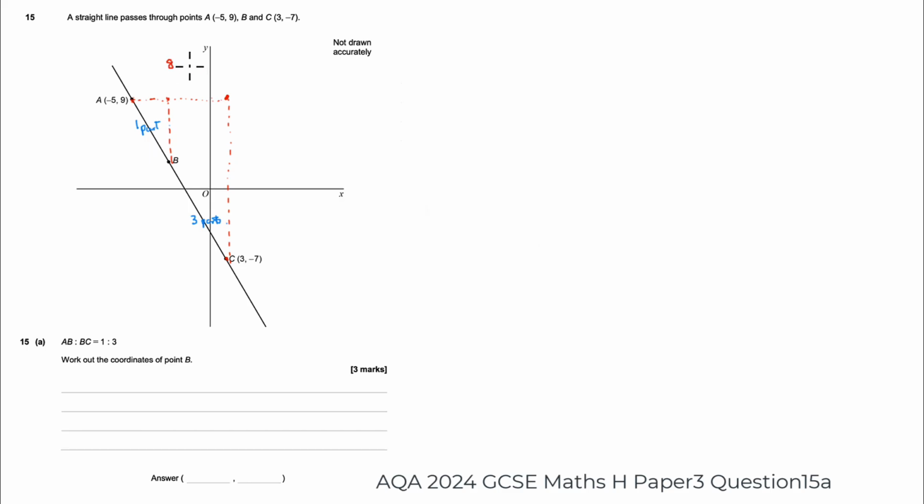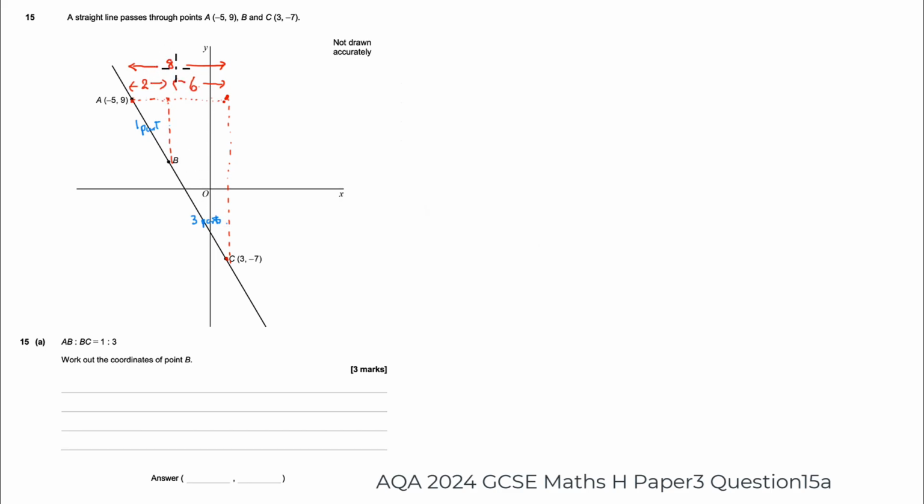That whole line there is of length 8. And it's to be divided up into 1 part to 3 parts, 4 parts altogether. 4 into 8 goes 2. Each part must be 2. So this must be 2. And then the 3 parts, 3 2s are 6. This must be 6. And 2 plus 6 does give us 8. The ratio is 1 to 3.